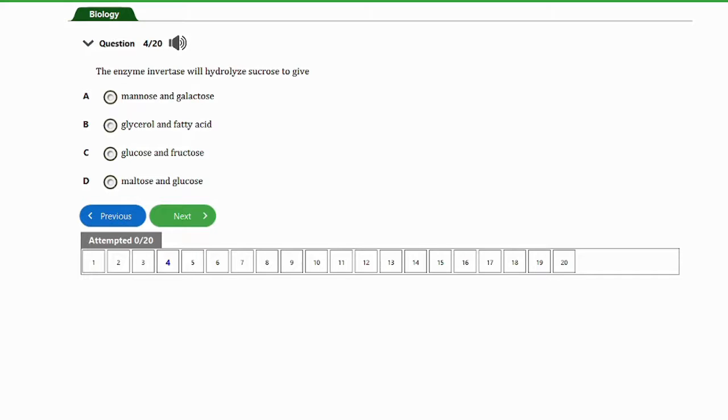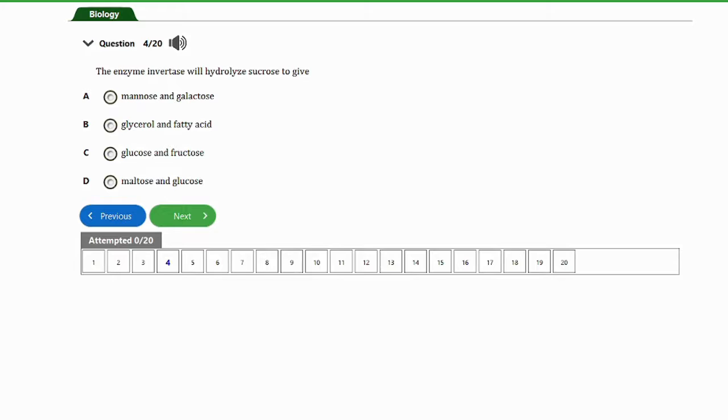Question number 4. It says, the enzyme invertase will hydrolyze sucrose to give A, mannose and galactose, B, glycerol and fatty acid, C, glucose and fructose, D, maltose and glucose.